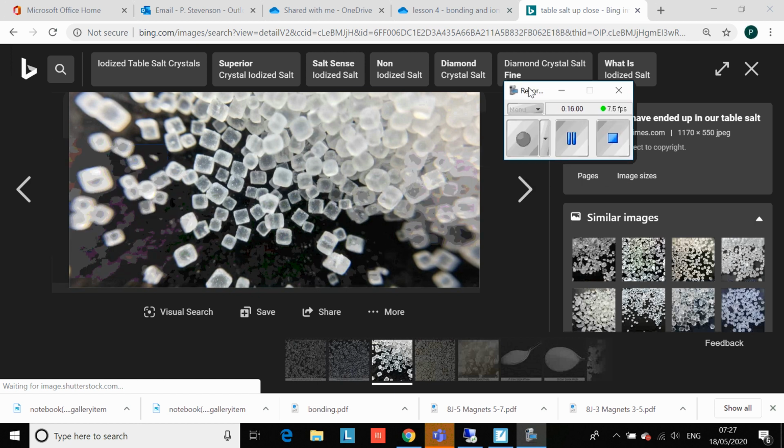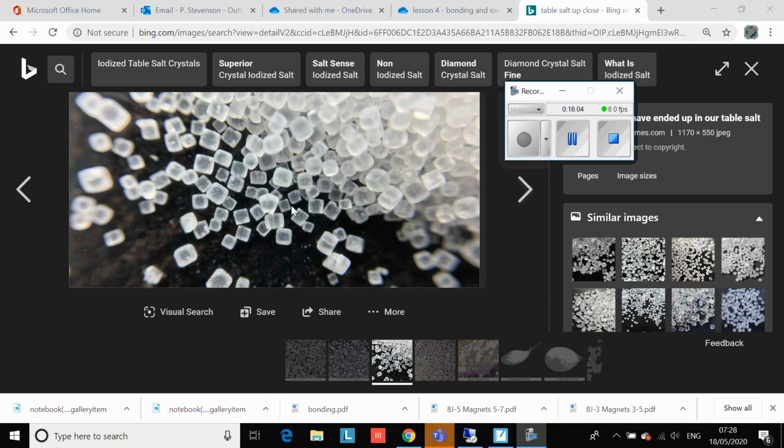And so hopefully what you saw was something like this, okay? This cube structure in your table salt. So if you didn't, pause the video again and go and have another look, okay? You get this cube structure. It's very, very organized. And that is the process of ionic bonding. You've got these two ions that stick together and form a bond.